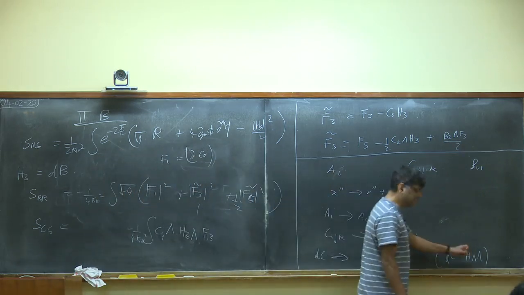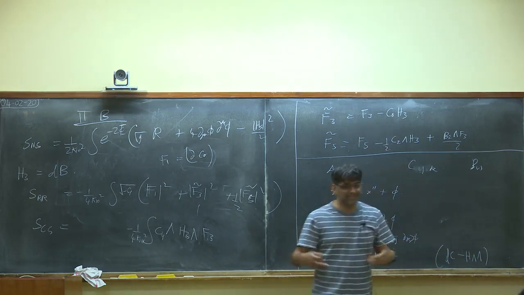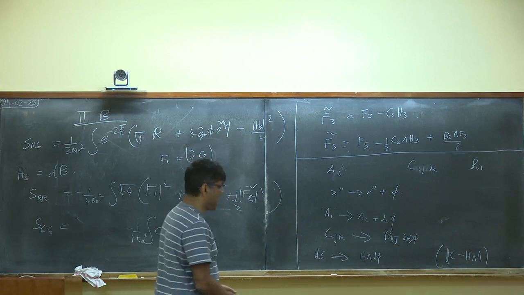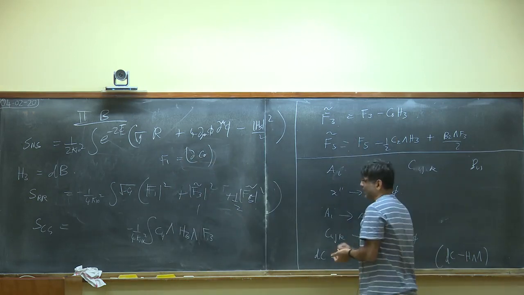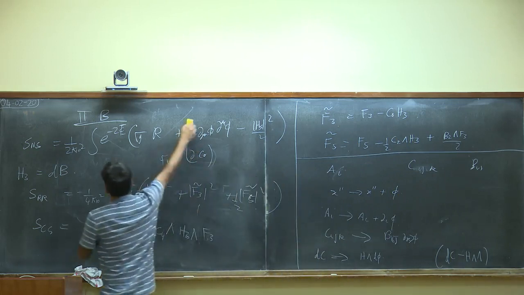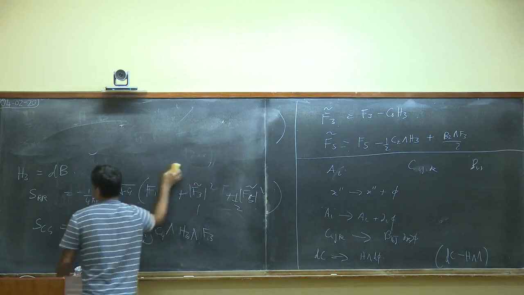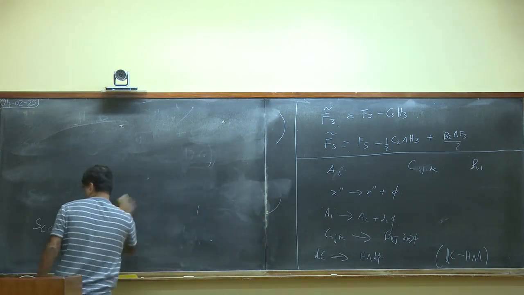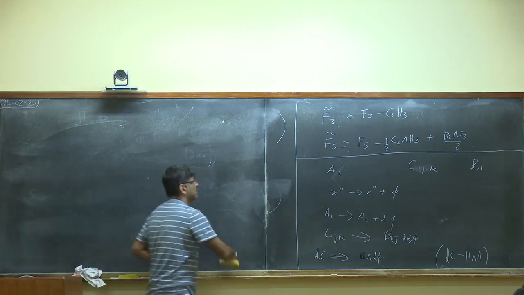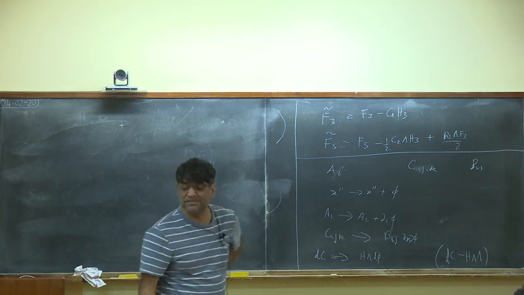So, in the same way, these redefinitions are done to compensate for transformations of F3. Let me tell you what those transformations are. Firstly, what is the gauge transformation of C0?